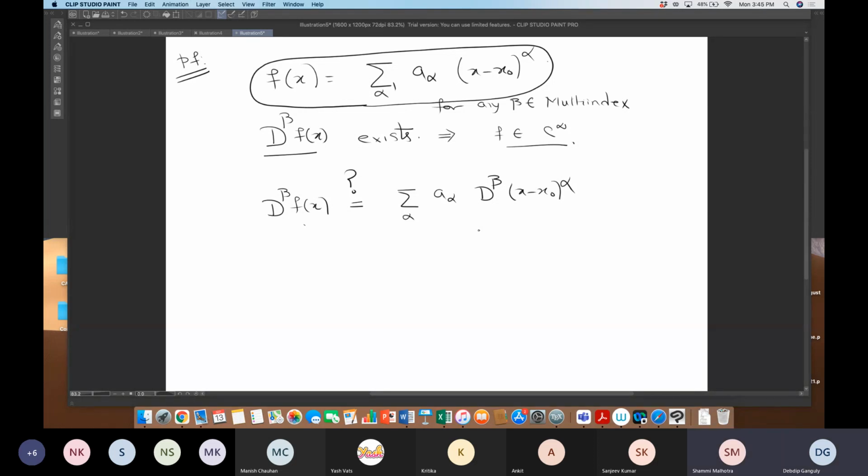When the right hand side series converges uniformly, so that we can interchange summation and differentiation. This I can write d beta of f(x) equal to summation d beta if and only if this right hand side series converges uniformly. Then I could write d beta this, and this means d beta f(x) exists.